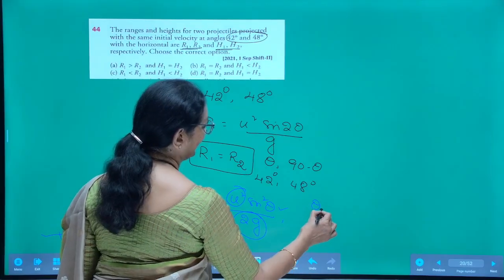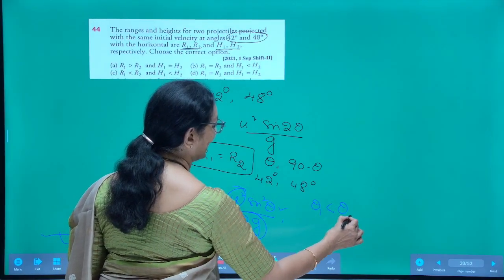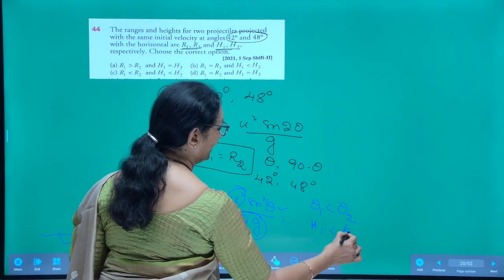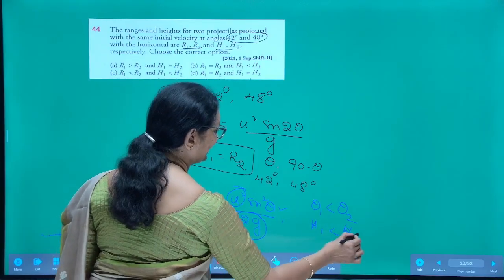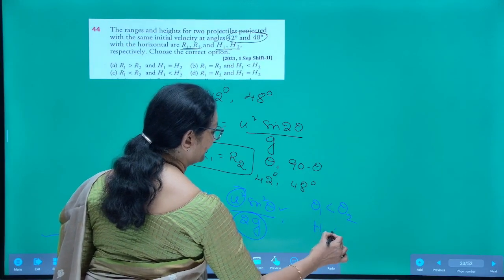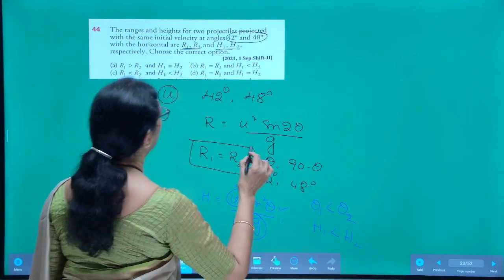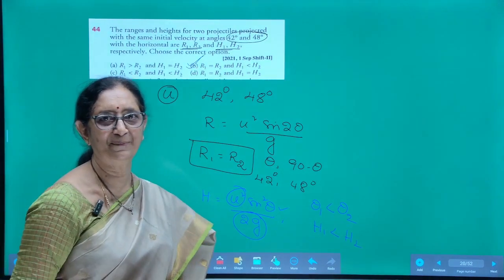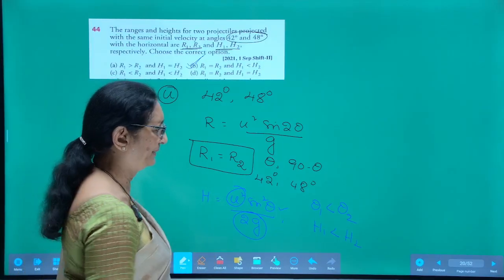As theta 1 is less than theta 2, H1 is less than H2. So, the second option is correct for that problem. Okay? It is a simple thing.